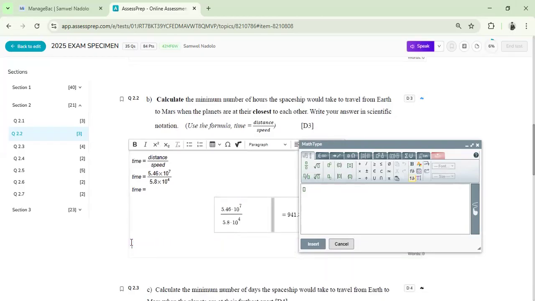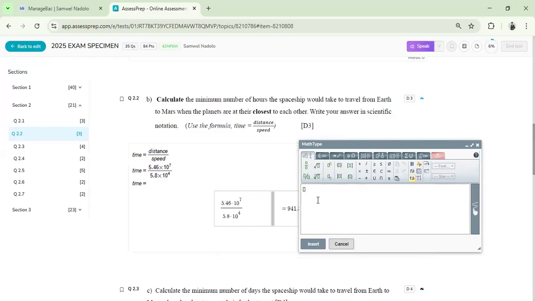We cut this, bring it to this other side, then write times 10 raised to, how many times have we moved back to get 9.4?